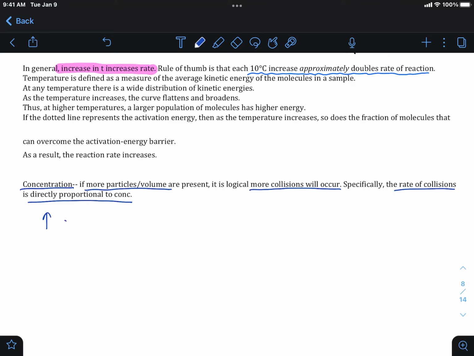We increase the concentration, you are increasing the number of collisions, which will increase the number of effective collisions, increasing the reaction rate.